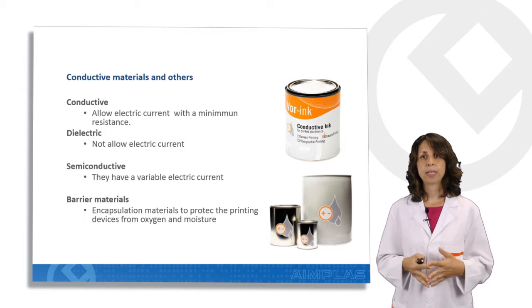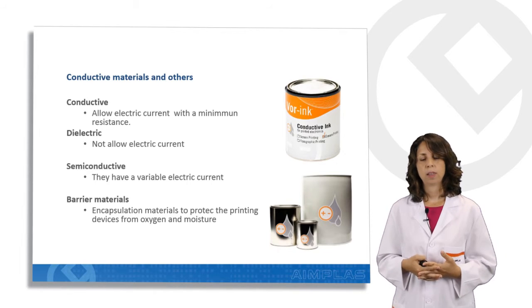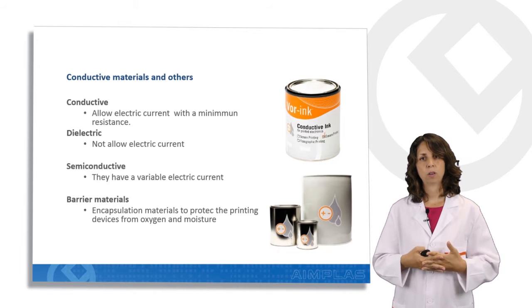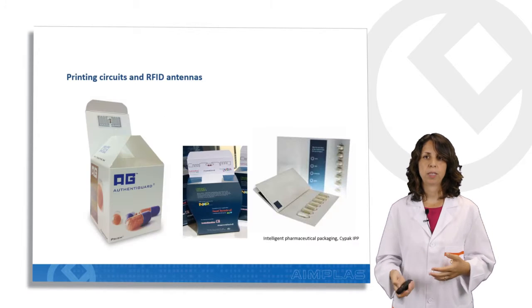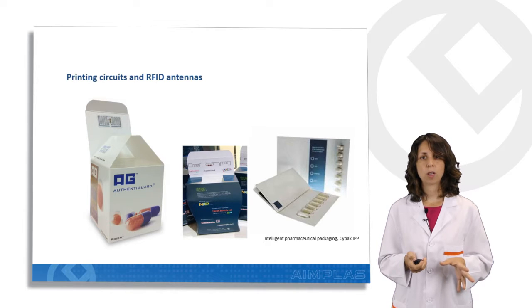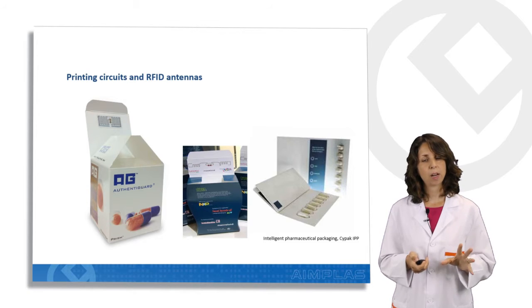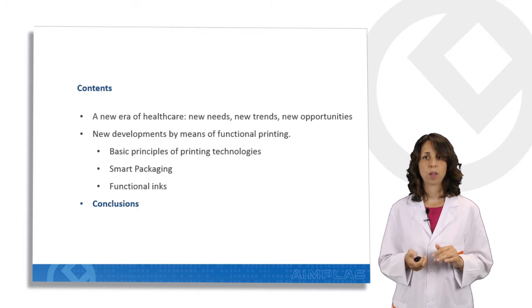And other materials are conductive materials that we can print. These are conductive inks, dielectric, semiconductors, and barrier materials. Here we can see some examples of conductive ink materials used to print RFID antennas directly for packaging applications.